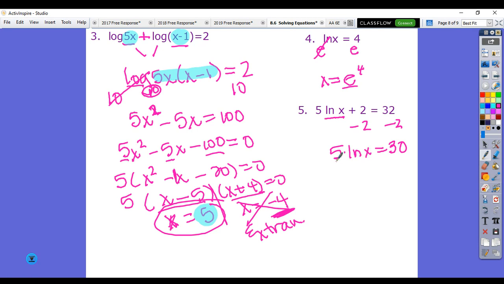So to get ln by itself, I now need to divide by 5. And how do I get rid of ln? So x is by itself. I use its inverse. I e both sides. And I cancel out ln, and I get x equals e to the 6th. And that's our lesson for today.